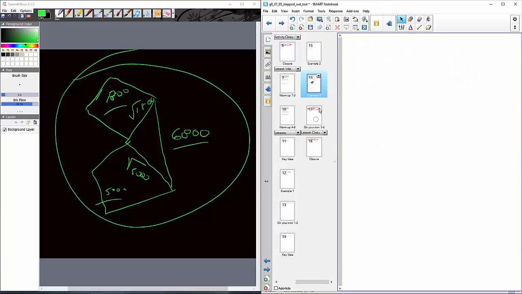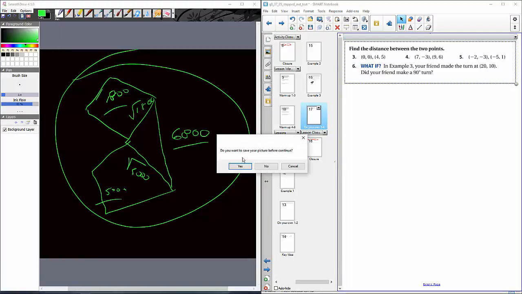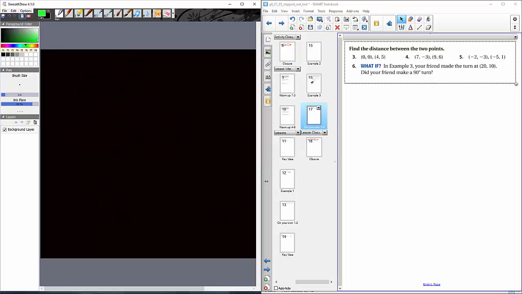Oh boy. So find the distance between these two points. If I look here, let's try doing it. Remember, we're going to take 4 minus 0 squared and 5 minus 0 squared.